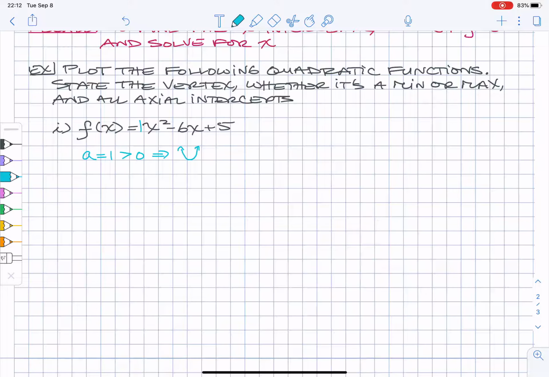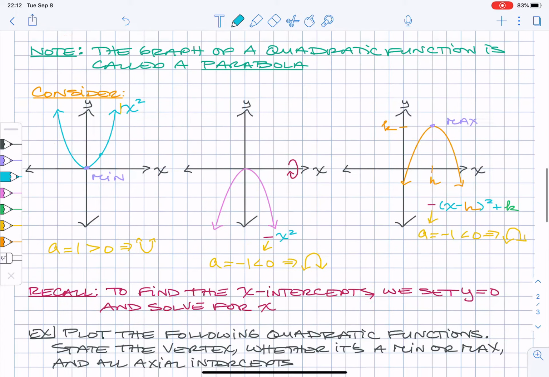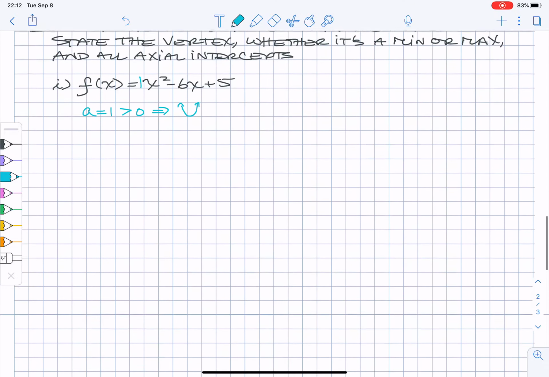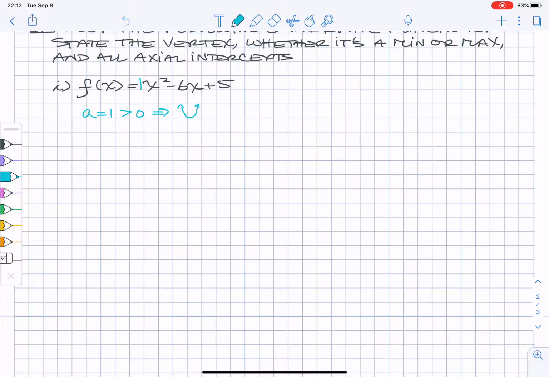I know that b, in this case, is the coefficient of x, so that's negative 6, and c is the constant coefficient, which is 5. So from these we can find h and k.